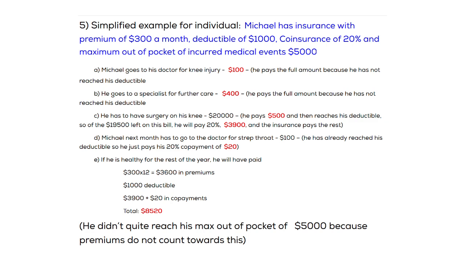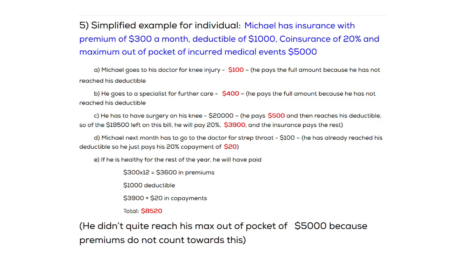If he's healthy for the rest of the year, he would have paid, don't forget the premium, right? He was paying $300 every month, so he paid $3,600 in premiums. He paid the $1,000 in deductible, and then his copays after that deductible were $3,920, for a grand total of $8,520 for his medical expenses total.